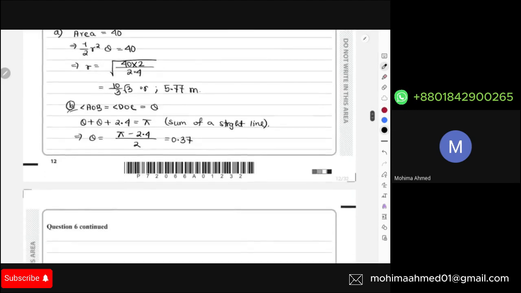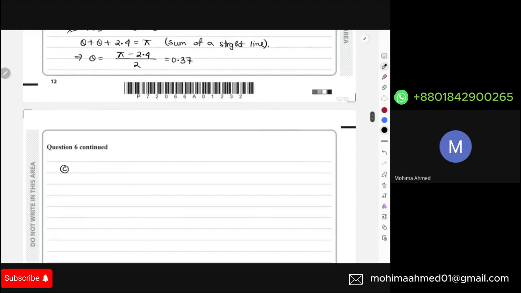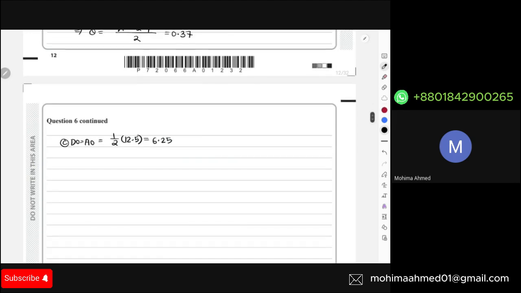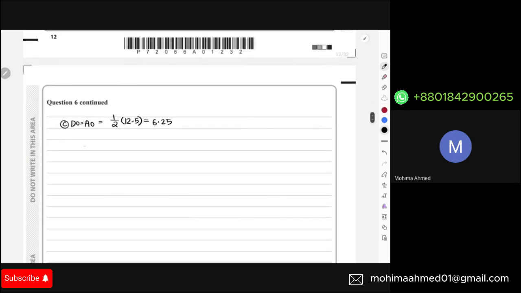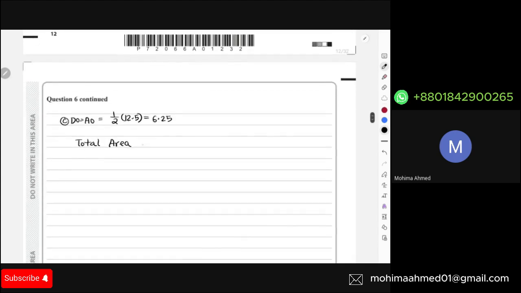So we can write this down for your part C: AO is actually half of 12.5, which is 6.25, and not just AO, DO is also equal to AO. They're both of equal length. And if I want to find the total area of the stage, we have two triangles of the same dimensions.